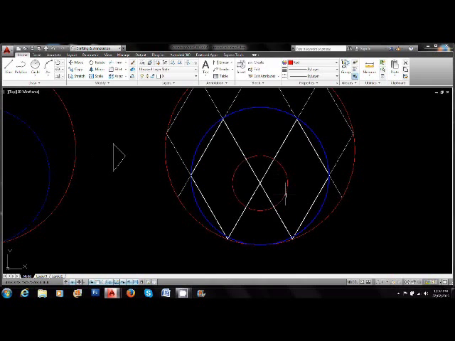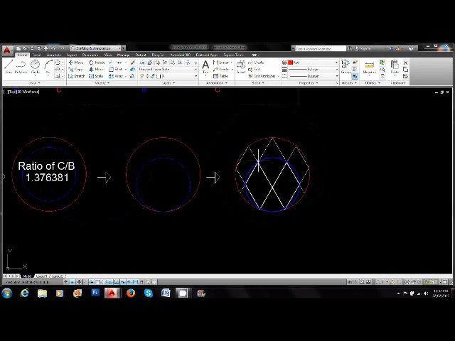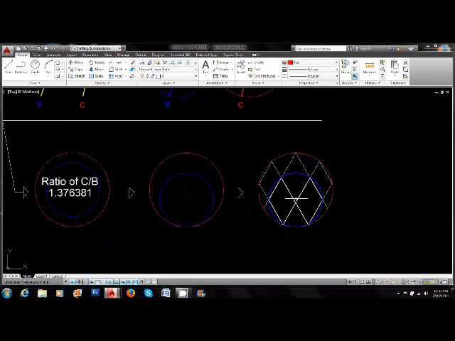So it's not an exact equal hexagon anyway. As you can see, this diamond is way out of shape. So really this circle is about as close as you'd ever get to being exactly on these points. But that was pretty interesting.